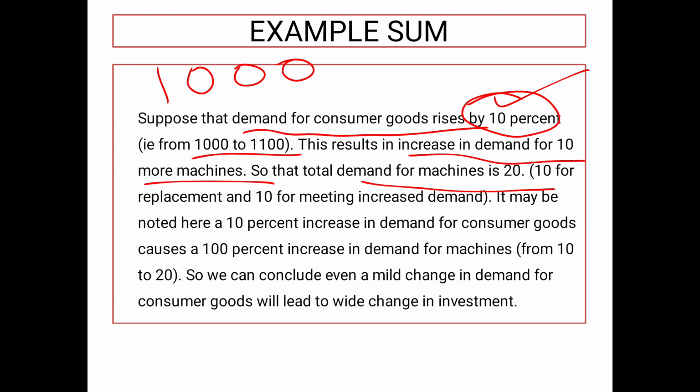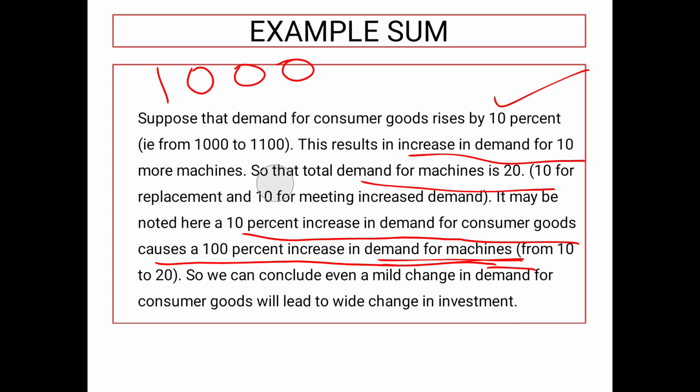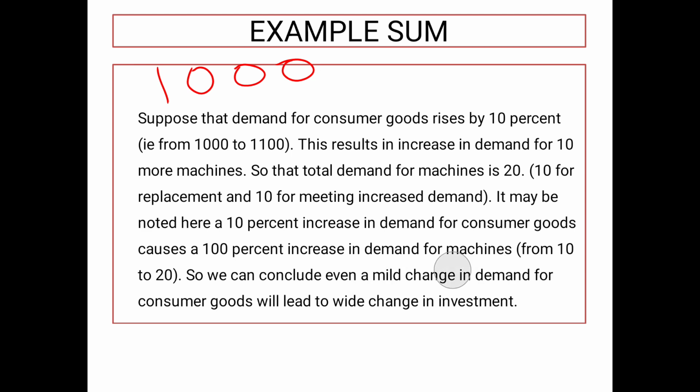So it may be noted that a 10% increase in demand for consumer goods causes a 100% increase in demand for machineries. If we have a 10% increase in consumption goods, we have to bring in a 100% change in the machinery. This is an example of the accelerator.